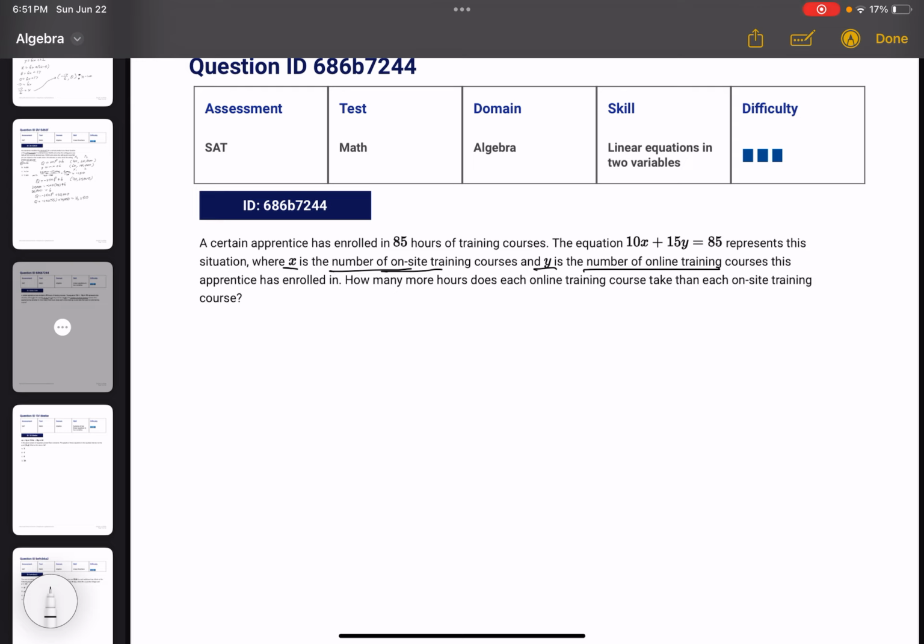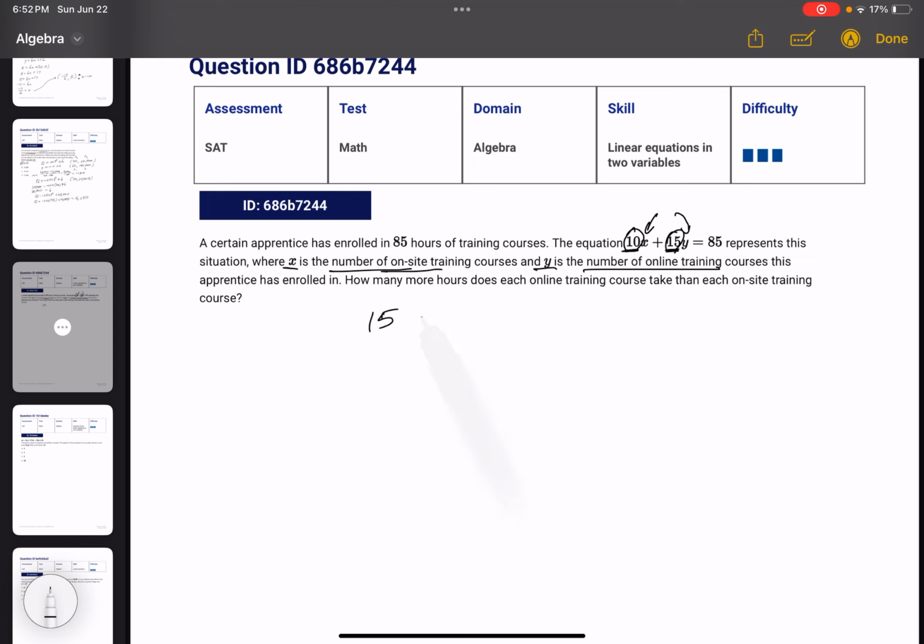So if these are the numbers of courses for each one, then we know that these are the hours each one takes, respectively. For online training courses, it's going to take 15 hours. And for on-site training courses, it's going to take 10 hours.